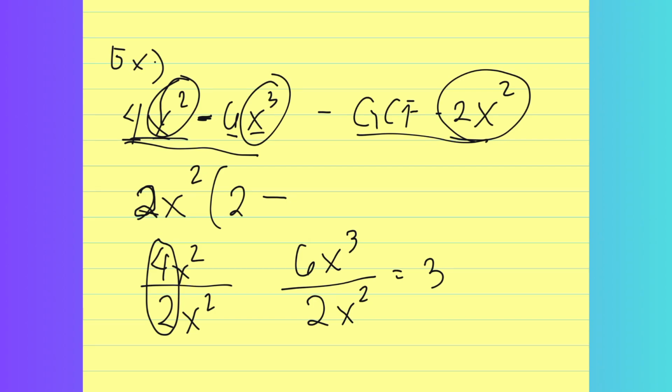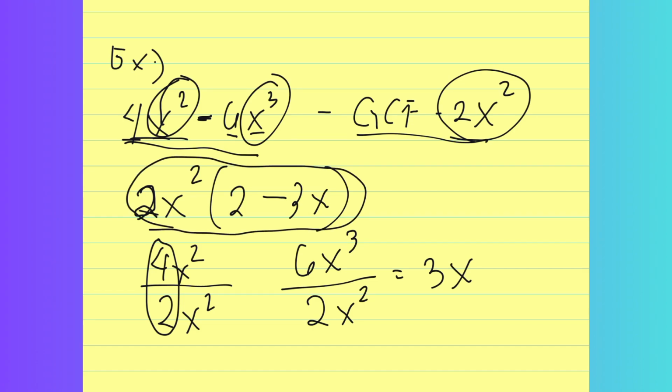So x raised to 3 minus 2, we have x. So 3x. And now this is the factor of our polynomial 4x squared minus 6x cubed.